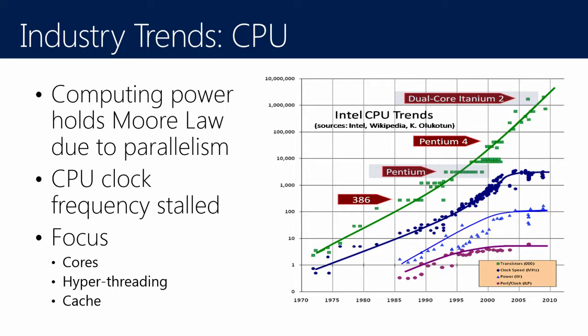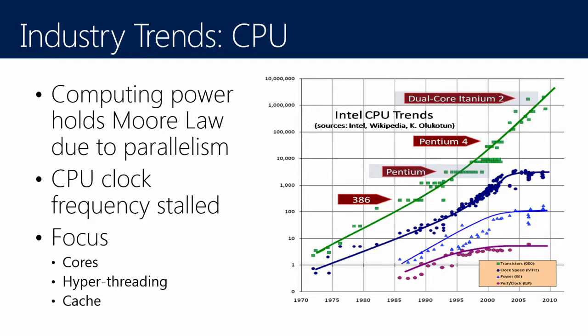So what have we done instead? We're not driving faster frequencies; we're going to multi-core processors, with Intel's hyper-threading coming into play. You can see on the graph that clock speeds have stalled. If you were talking about this in 2005, you would have expected processors running at 6 or 8 gigahertz, but we're not doing that at this point in time.